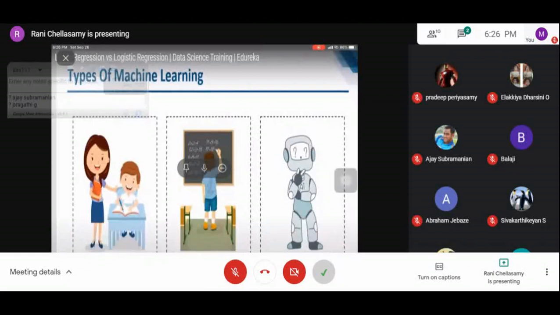Like the teacher teaches or guides the students, similarly, the machine learns from the labeled data. So that is explicitly telling that you'll be given the input data, then the user has to say how the output should look like.